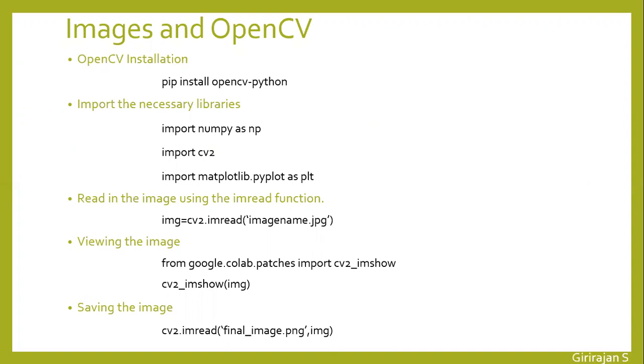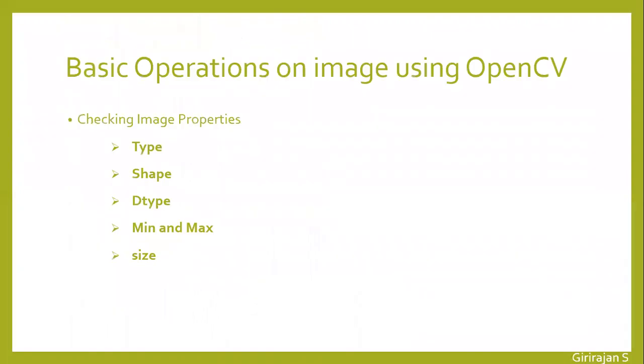Then using imread, we import the images into Google Colaboratory, and using the imshow function directly we can display the image. Apart from that, using matplotlib we can also display the image, but we have some small color variations. To overcome those color variations, we use the cv2 function. Everything I have shown in the notebook. In the next slide, we're going to see some basic operations on images using OpenCV.